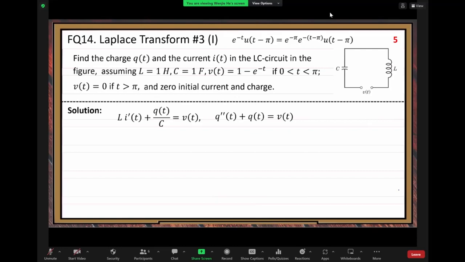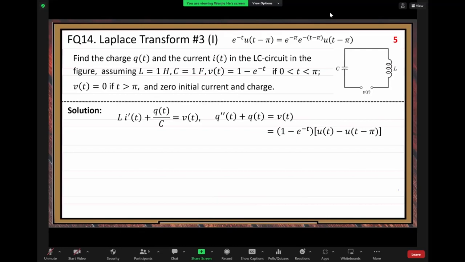Then let us apply Laplace transform to both sides. The V function, we represent as 1 minus e to the negative t, and because of this interval, we use the U function to represent it.